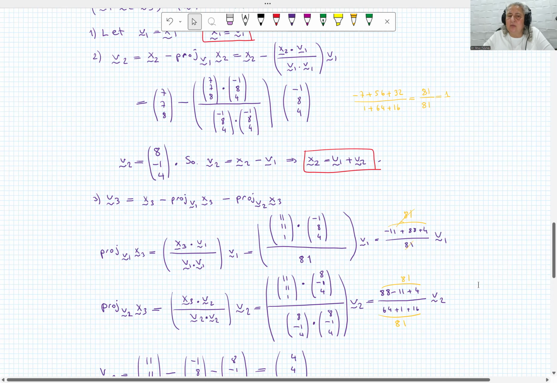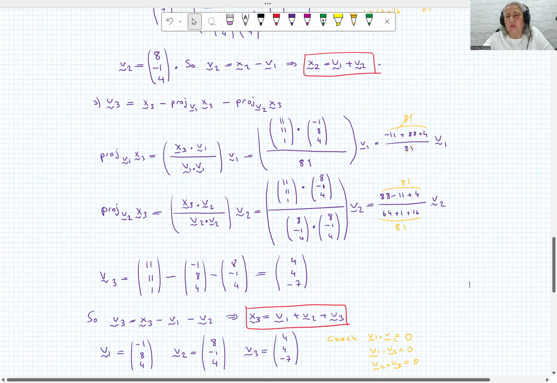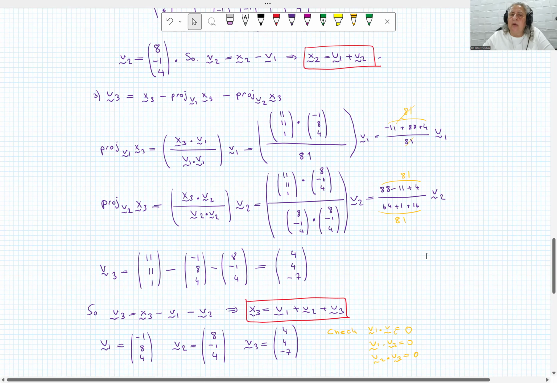It will be different in many other examples, but it makes our life very easy for this particular example. And then v3 will be this particular vector because x3 minus v1 minus v2 will give us this. In terms of v1, v2, v3, x3 is equal to v1 plus v2 plus v3, because I'm taking those ones onto the other side.